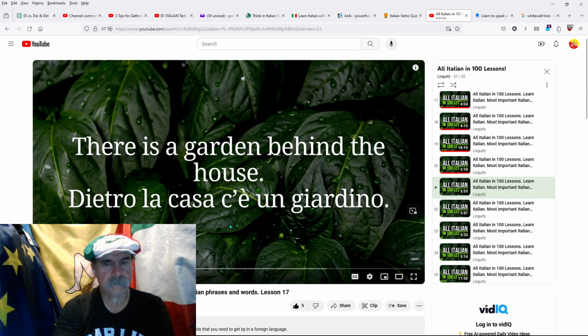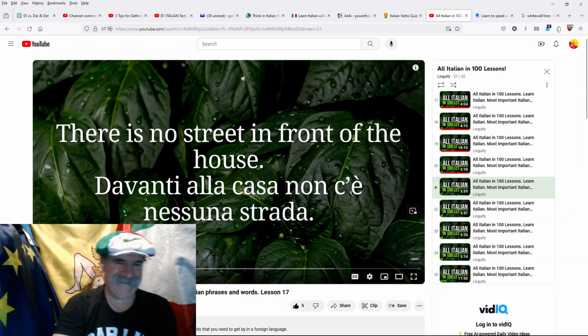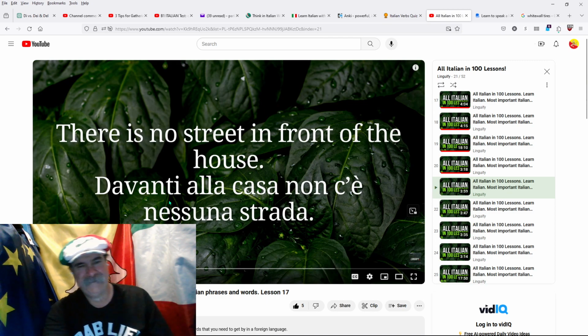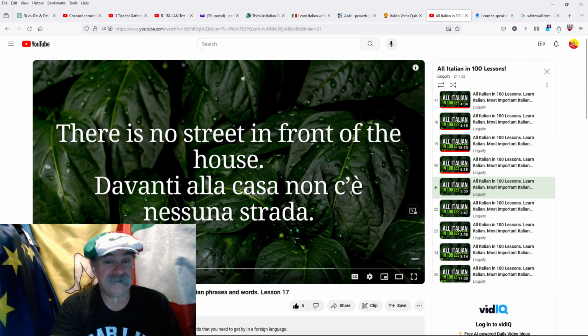Giardino. There is no street in front of the house. Davanti was in front. Davanti alla casa non c'è nessuna strada. Behind the house, there ain't no street. Is that basically what this says?